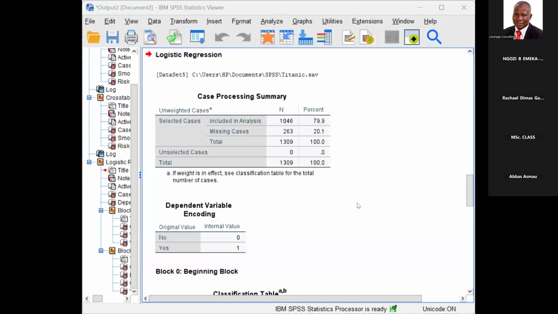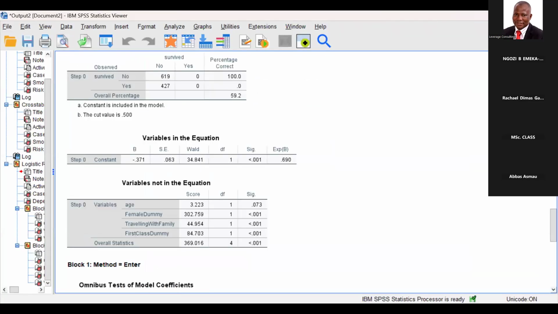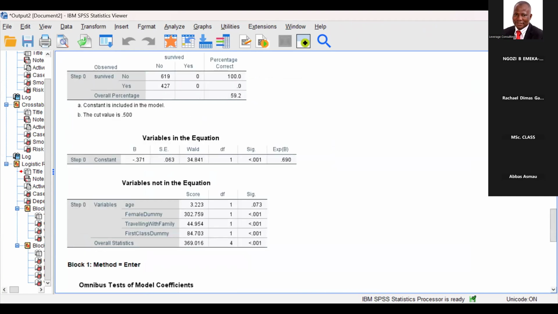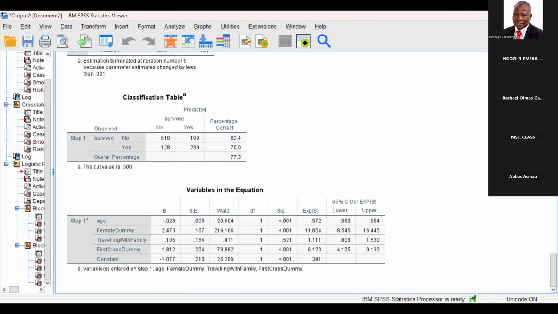Expand it, let's see it very well. Okay, scroll to the last one. Let's see. Go to the line.